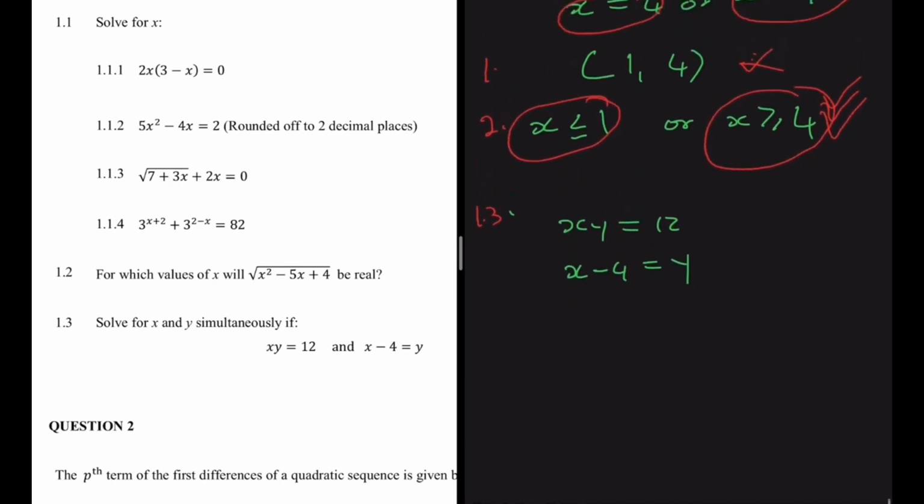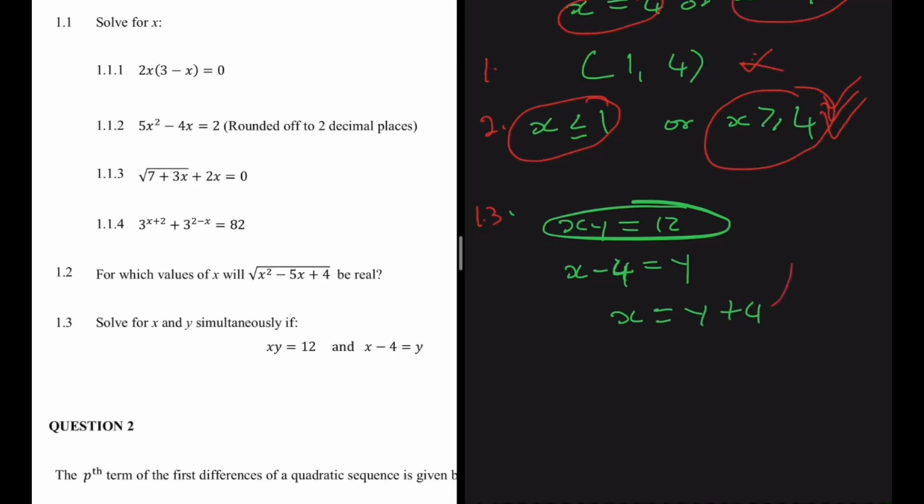If I make x or y the subject of the formula in this first equation, then I'm gonna get a fraction, which is something I don't really want, right? So I'll just make x or y the subject of the formula in this second equation. So let me make x the subject of the formula. So I'm gonna get x is equal to y plus 4, right?